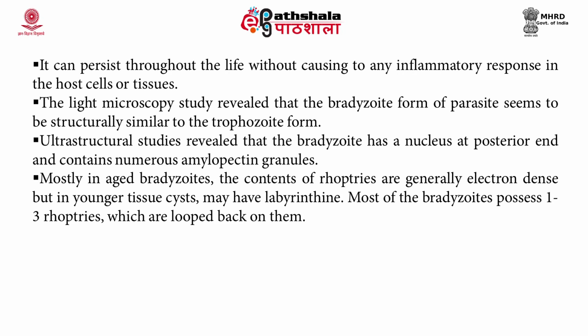Mostly in aged Bradyzoites, the contents of rhoptries are generally electron dense, but in younger tissue cysts they may have labyrinthine contents. Most of the Bradyzoites possess 1 to 3 rhoptries which are looped back on themselves.